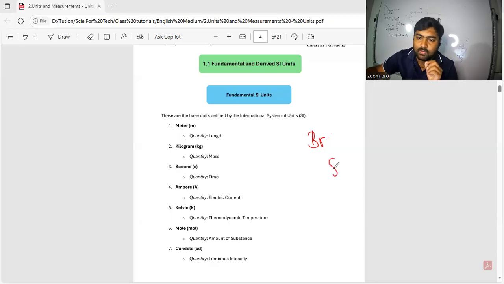Most of the time we use the SI unit system. This is the standard international unit system. In the standard international unit system, there are 7 fundamental units.